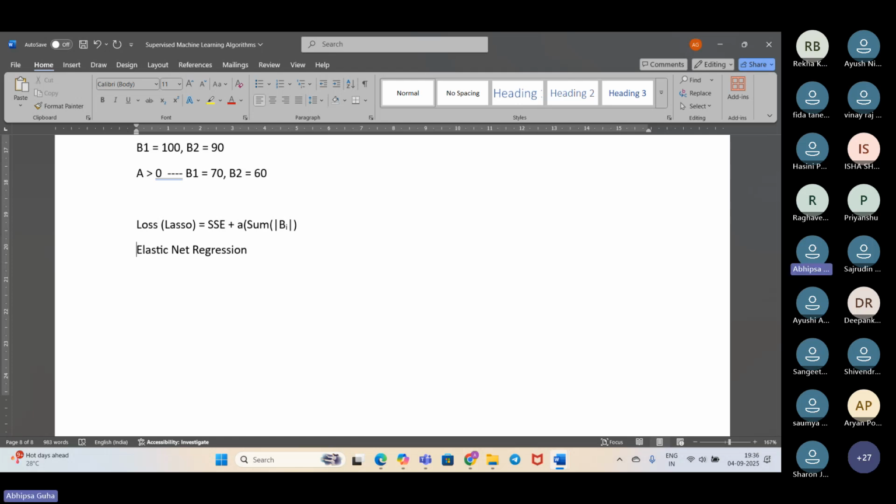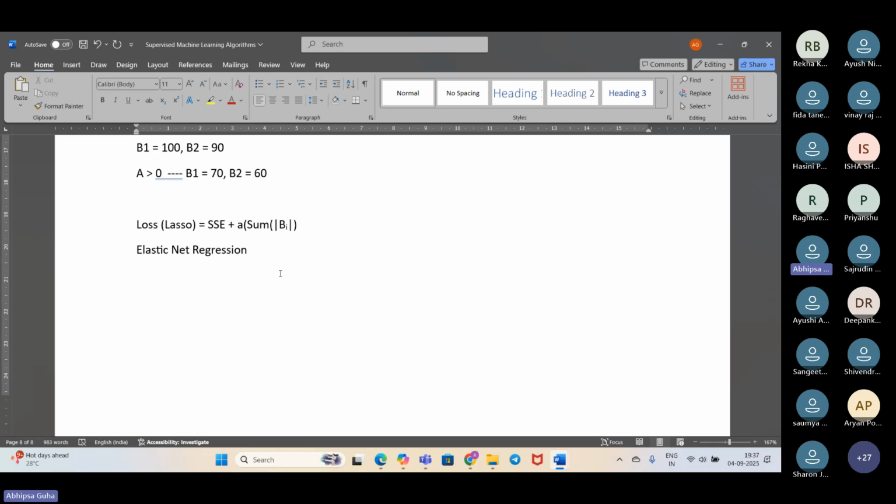So what is elastic net regression? It is the combination of ridge, that is L2 regularization, and lasso, that is L1 regularization.